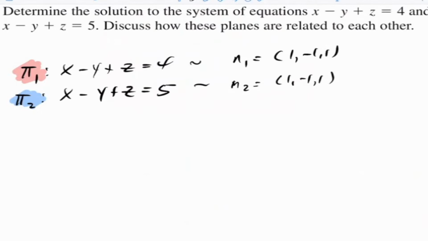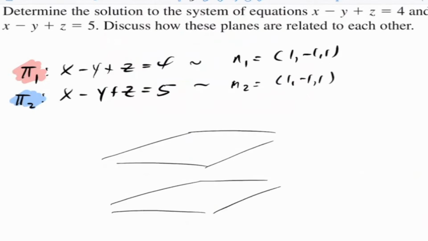So the observation here is we have two planes like this, where the normals are exactly the same normal. You can see that. If you grab the normal off this plane, you can see it's the same normal here. They share the same normal. It could be in a different location, but it's the same normal.